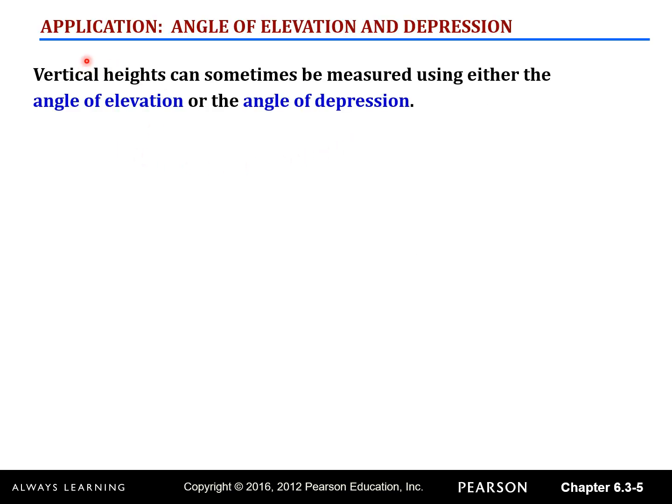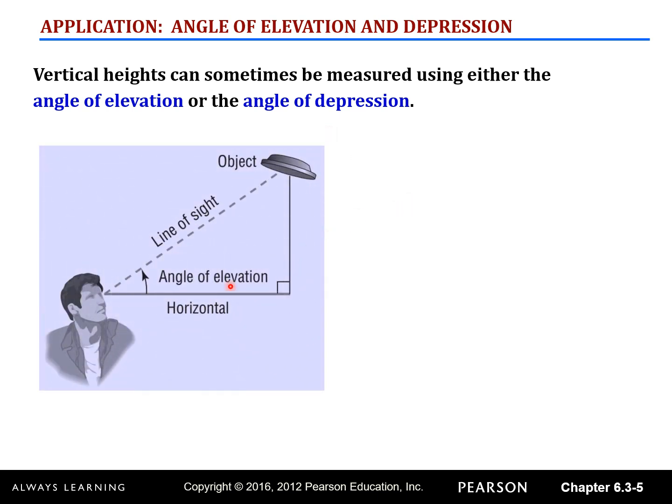As a real-life application of the right triangle, we have the angle of elevation and angle of depression. The vertical heights can sometimes be measured using either the angle of elevation or the angle of depression. For the angle of elevation, if the person is looking up at an object and the observer is at the bottom, the acute angle formed from the horizontal line to the line of sight of the observer to the object is called the angle of elevation.